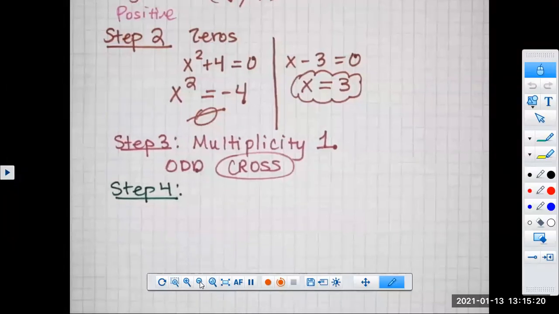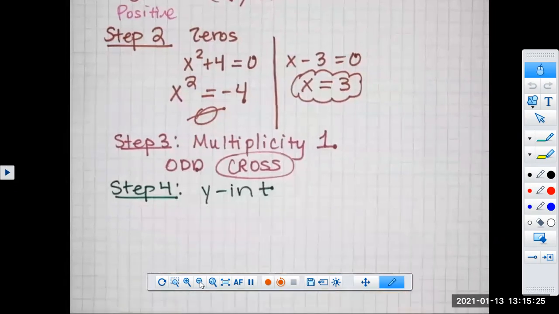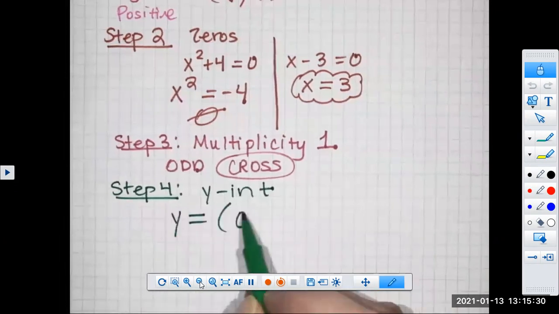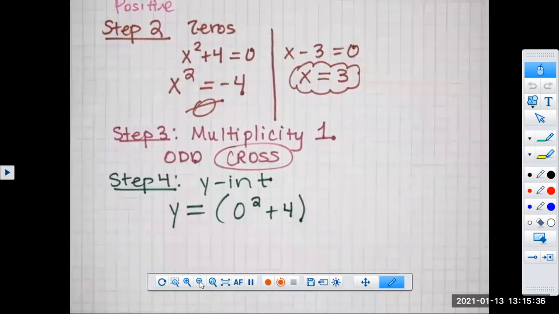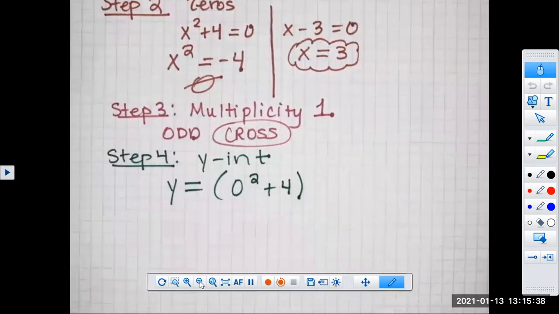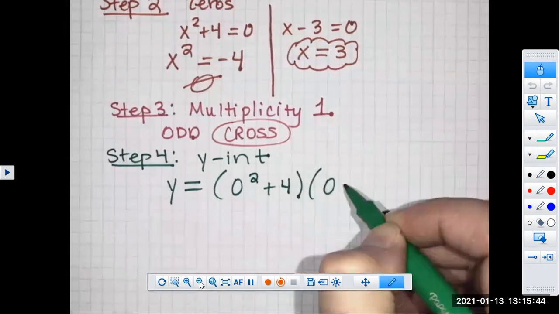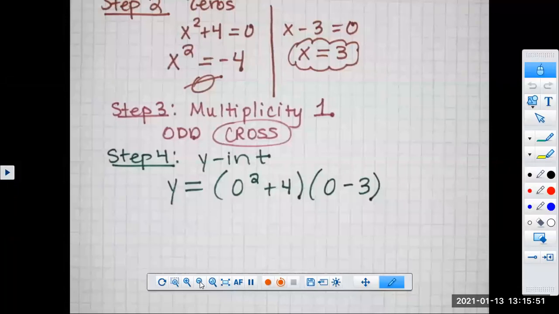Okay, step 4, find your y-intercept. Plug in 0 for x. You multiply them.